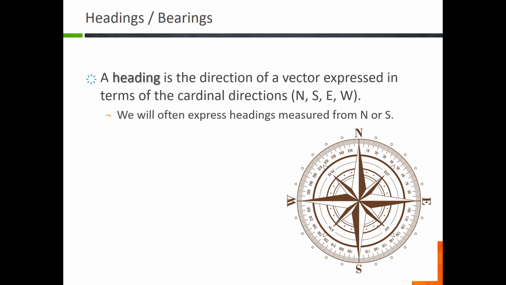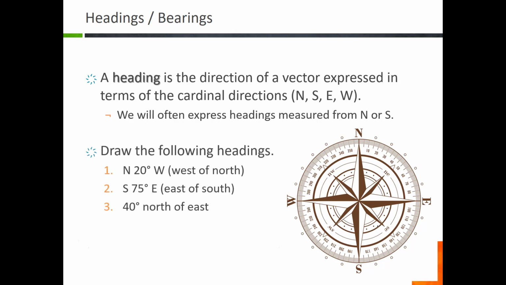The way we're going to approach this is, for the most part, we're always going to base our headings off of a north or south direction, or north and south angle. What I mean by that is we might talk about an angle being north 20 degrees west. That means you start north and turn 20 degrees west.